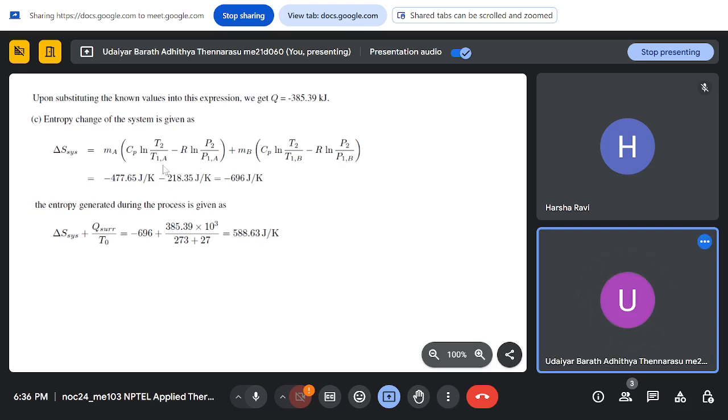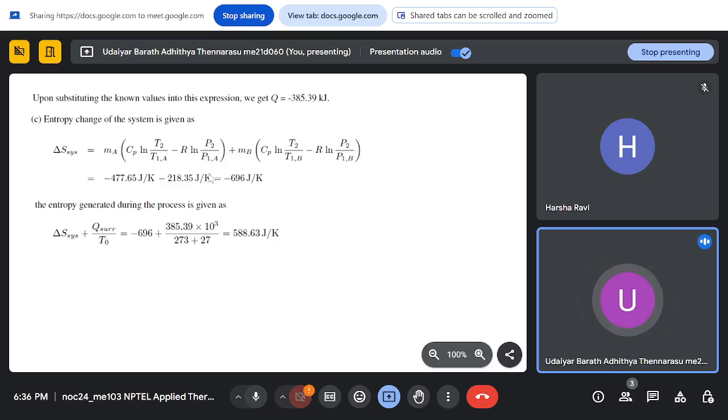Here we know the mass of air, which we have already calculated. Cp is 1.005 for air, and for ln T2 by T1, the final temperature is the ambient temperature, which is 27 plus 273, which is 300, divided by 473, which is 200 degrees Celsius, minus R ln, and again pressure.